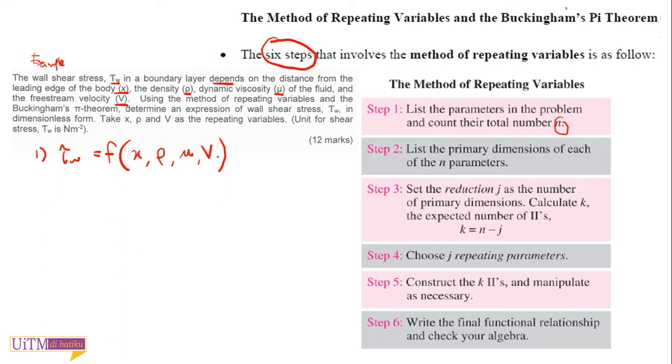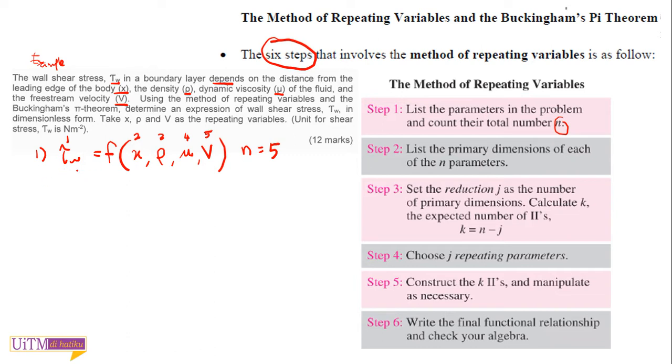So in the first step, when you want to count the total number of parameters, these are tau, the distance, the density, the dynamic viscosity, and the velocity. So n is 5. Can you understand? Any question about this?